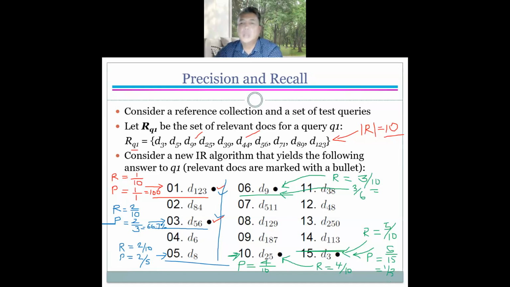Okay, so in between, like this one here, what is our recall?